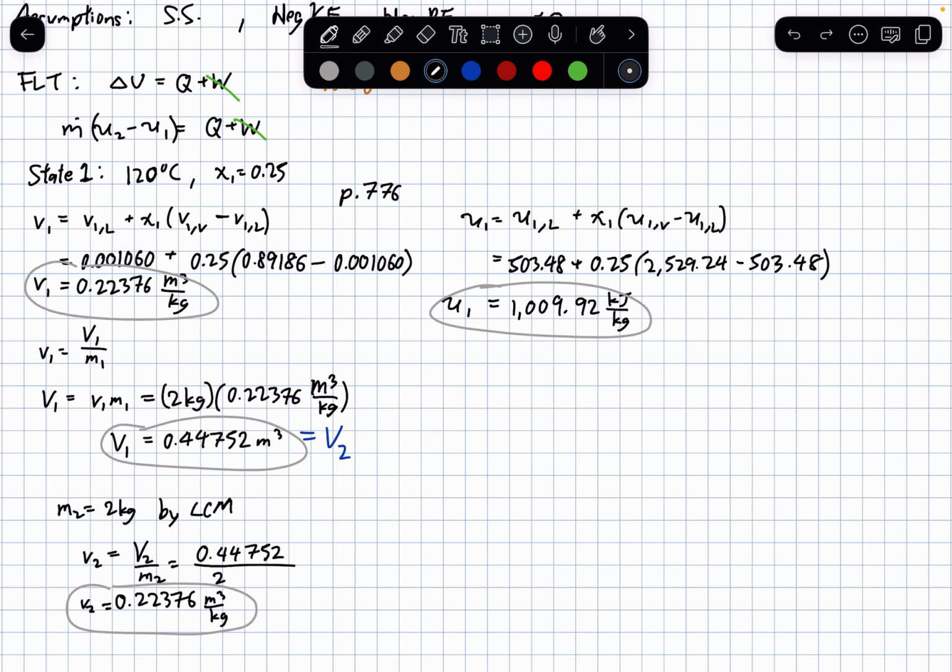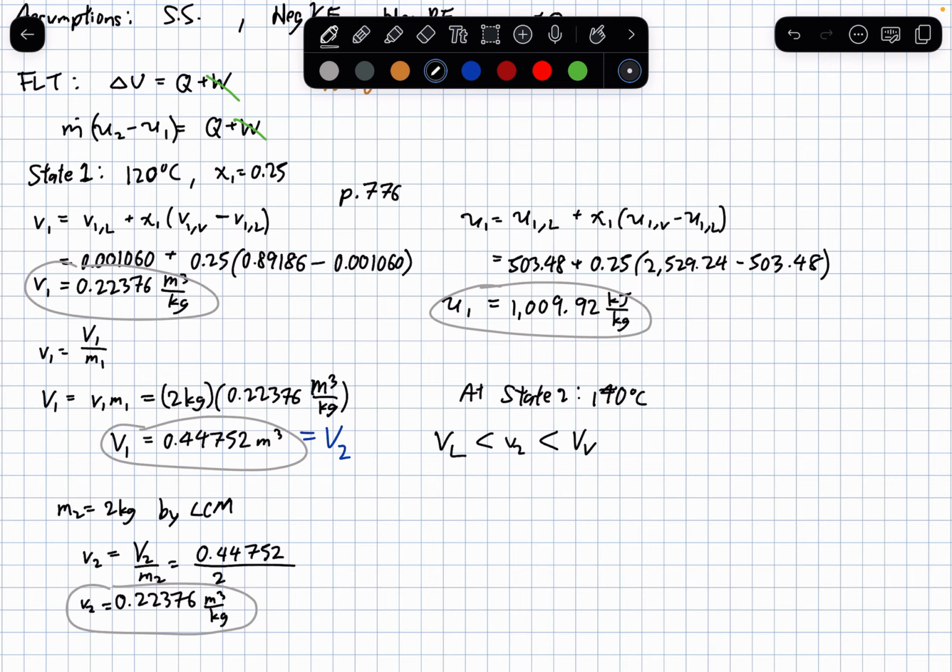At 140, V sub 2, 0.223, is within VL and VV, no?